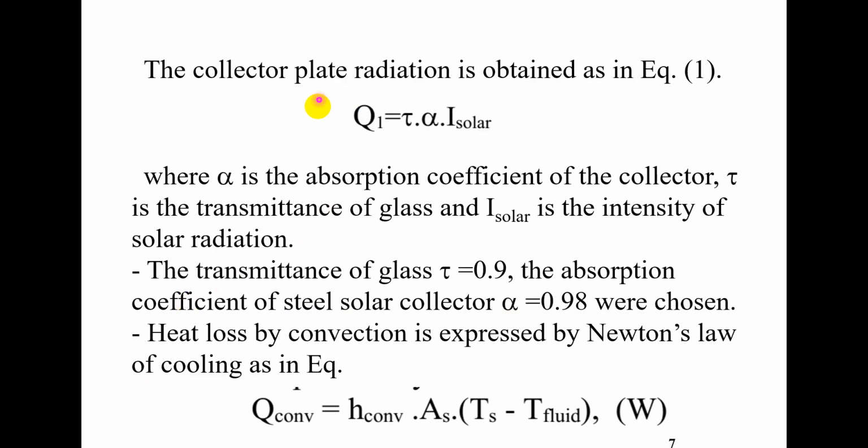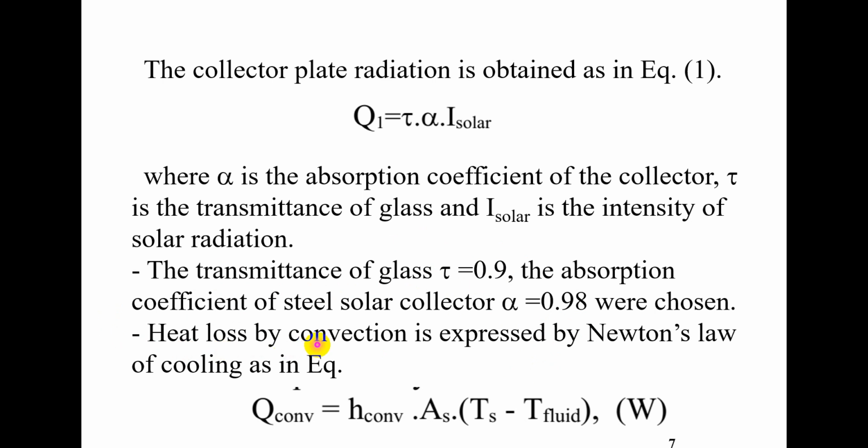And this formula is for the absorbed solar radiation. Alpha is the absorption coefficient, I solar is the solar intensity absorbed from outside. In this simulation, the transmission of glass we choose 0.9, and the absorption coefficient of the steel solar collector we choose 0.98.